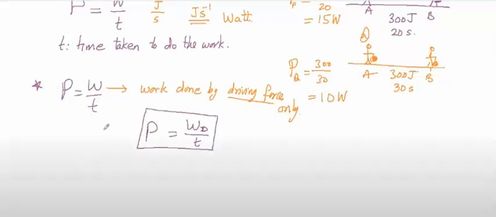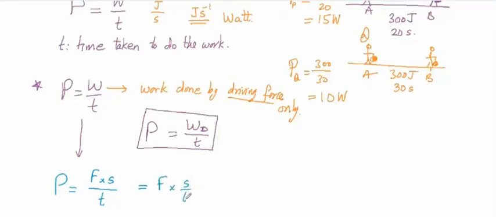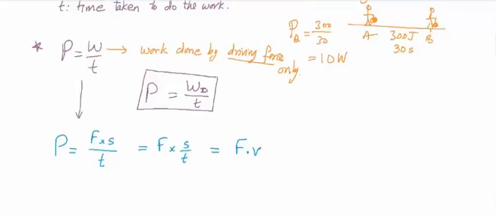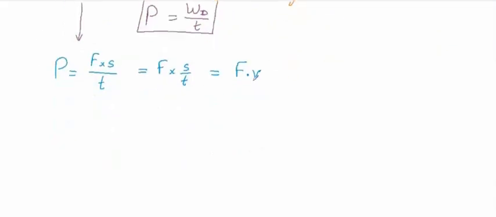Then we can split this into another form: power is equal to work, which is force multiplied by the distance moved, divided by the time taken. So we can write it as F times S over T. S over T is the speed, so this can be replaced with F times V. So power can also be found by force times the speed.